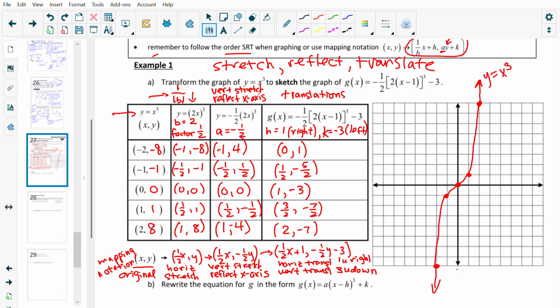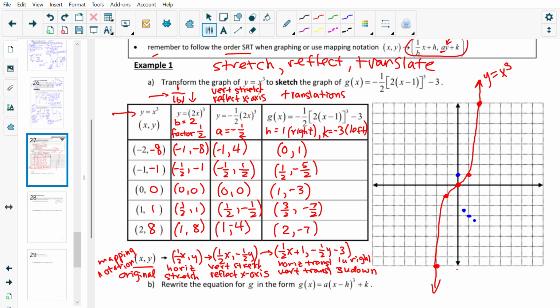There's our original function. So if we graph this, let me graph this in blue. Some of these points are going to be kind of hard to graph, so I'm going to do 0, 1. Then 1/2, negative 5/2, right about there. 1, negative 3, right about there. 3/2, negative 7/2 is right about there.